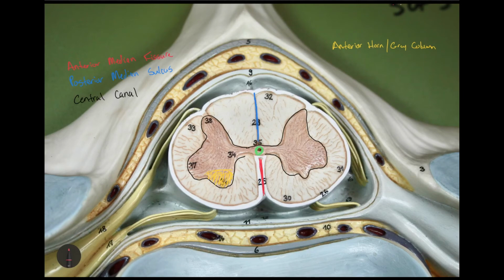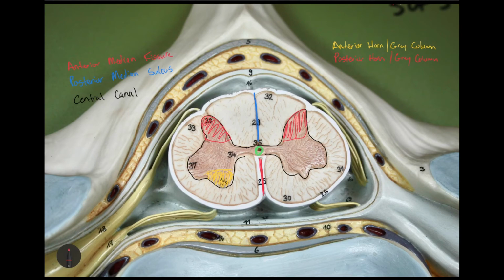Similarly, we also have these posterior horns or posterior gray columns of the spinal cord located right here. And just remember, it's posterior horn of the spinal cord or posterior gray column.